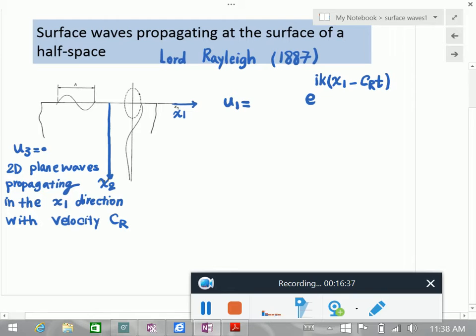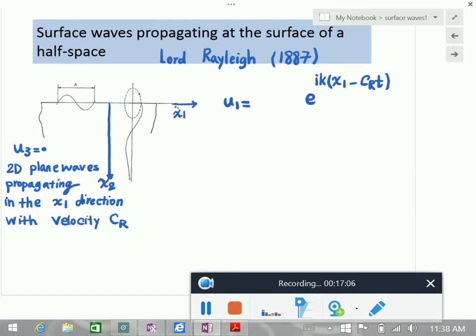This is the very general equation of a wave propagating in the positive x direction with velocity c_r. Everyone agrees about that? Positive? If this is confusing you, k times c_r is omega, right? So we have omega t, we have kx, and this is the essential equation of a wave.